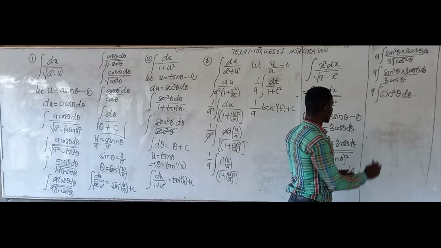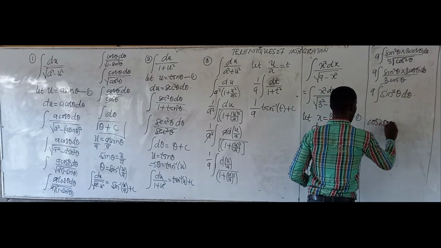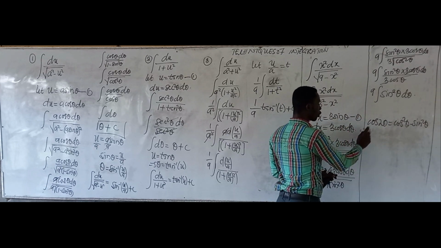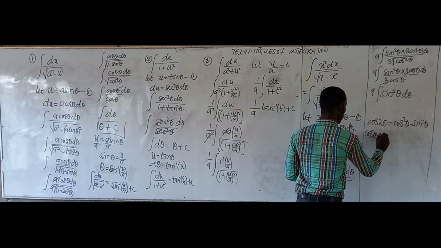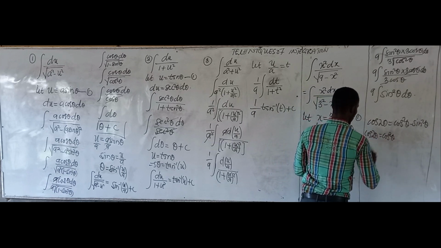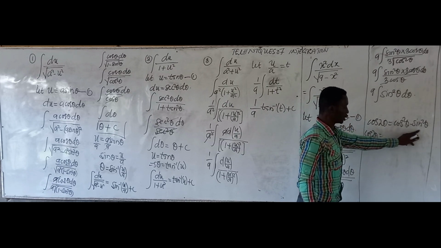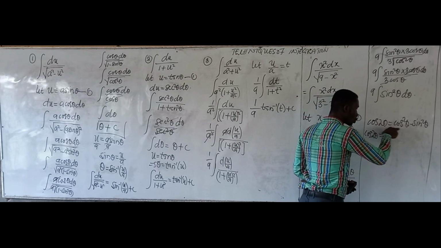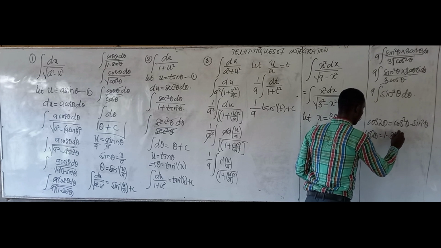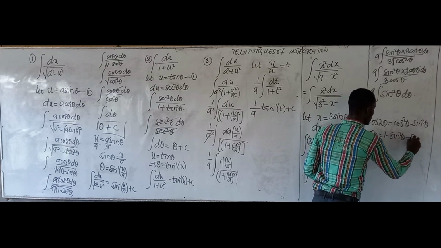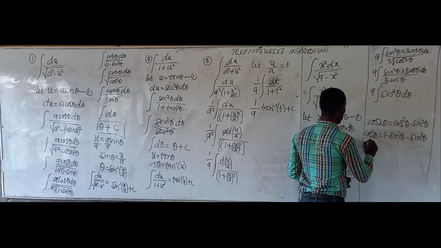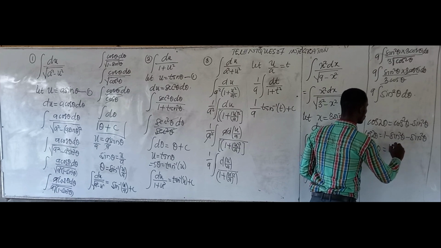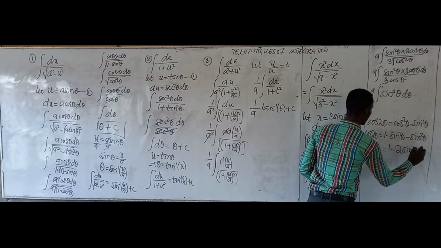The reason why you should know that is that cos 2 theta is the same as cos square theta minus sine square theta. If you change cos square theta to 1 minus sine square theta, then cos 2 theta is equal to 1 minus sine square theta minus sine square theta, which is 1 minus 2 sine square theta.